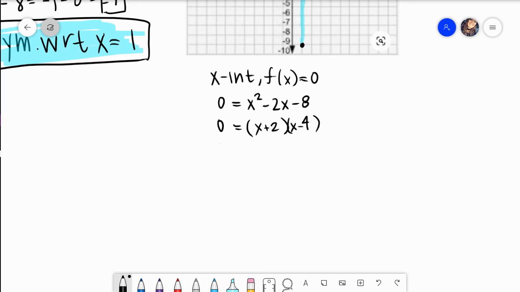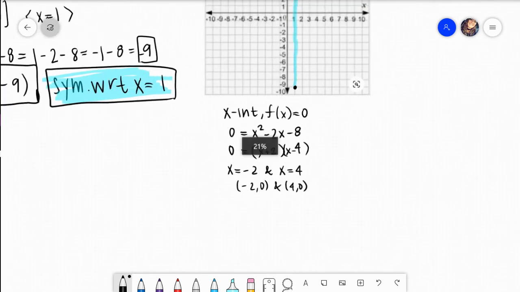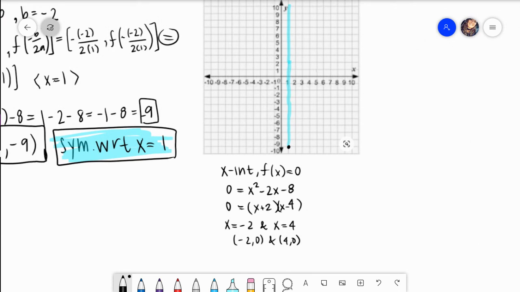So this tells me that my x equals negative 2 and my x equals 4, which means my intercepts are negative 2, 0, and 4, 0. Negative 2, 0 puts me right here. 4, 0 puts me right here.